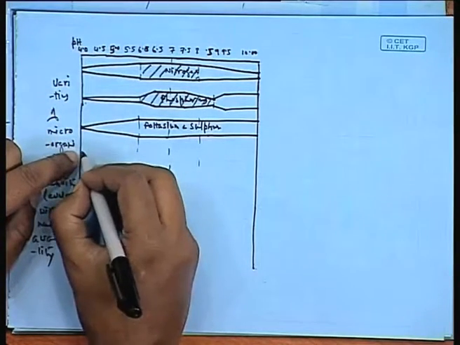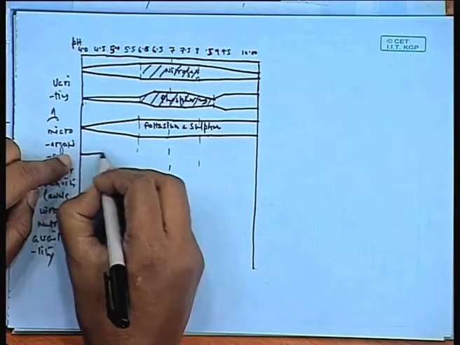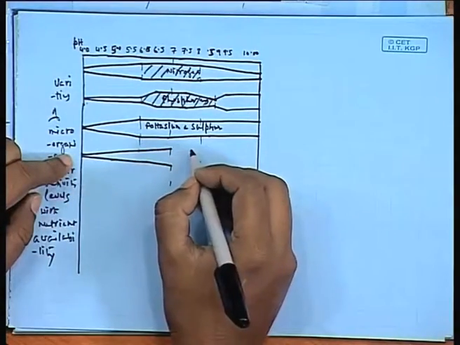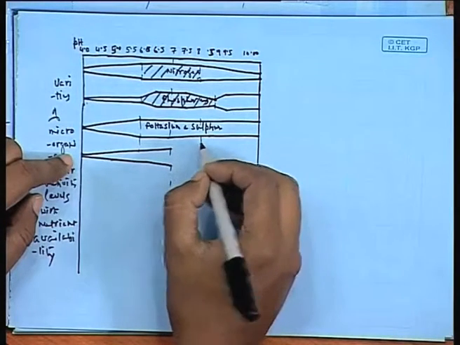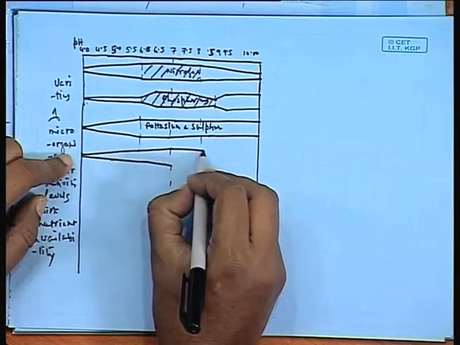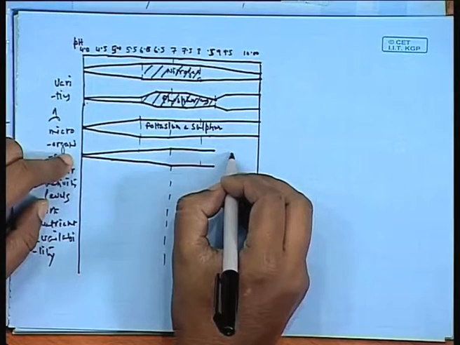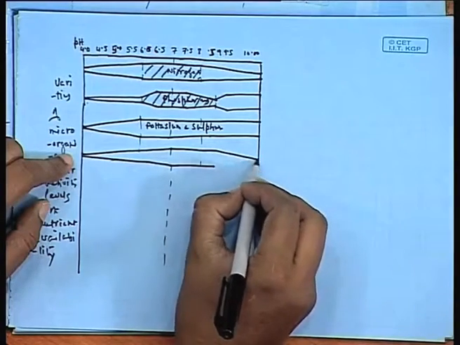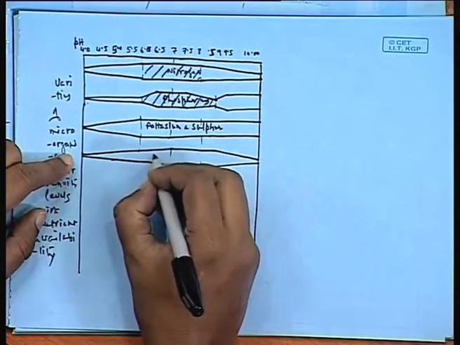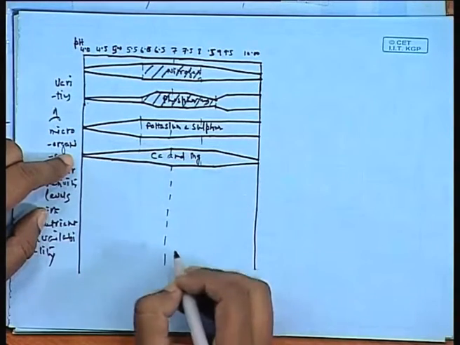On the other hand, this calcium, if you just observe calcium, calcium shows a characteristic like this. Calcium and magnesium.